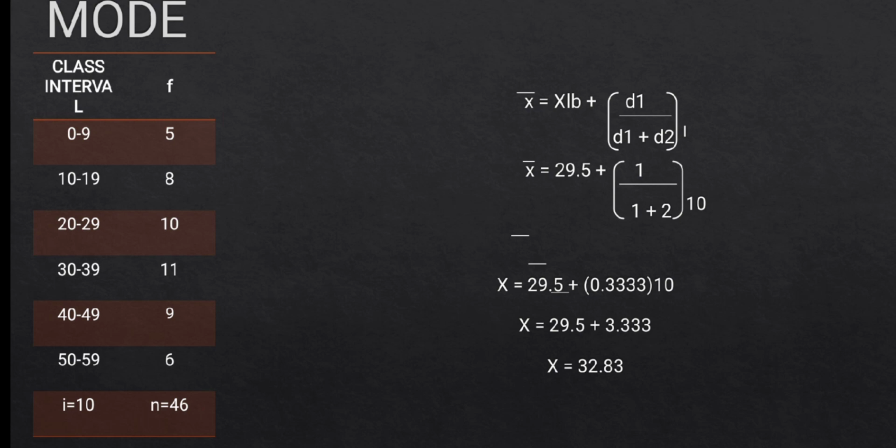That will give us 2, and again, our class size is 10. Substitute everything into the equation and simplify. That should provide us with 32.83 as our mode. Therefore, most people propose to have a 32.83, or to be more specific, a 33-minute recess.